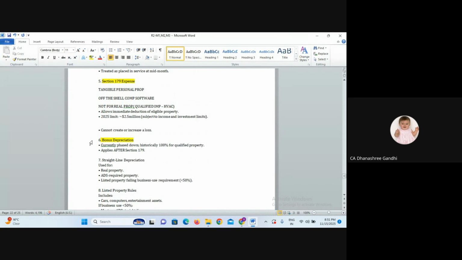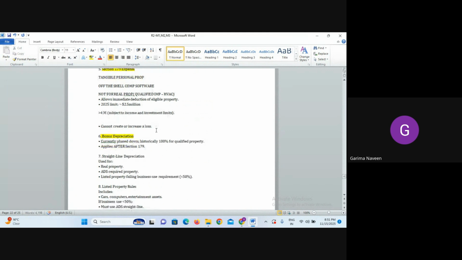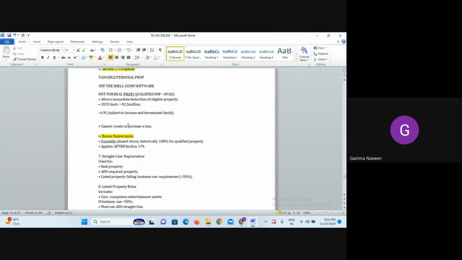So you can deduct up to the amount of 2.5 million. If you have expenses greater than 4 million, then it will start phasing out. Please remember, it is given only in the first year when you place your asset into service.